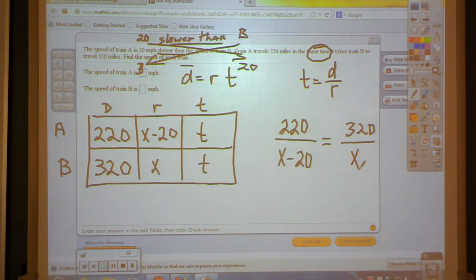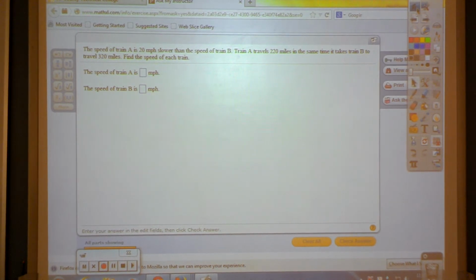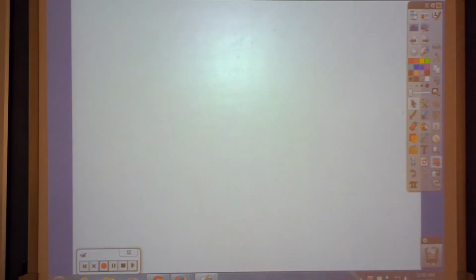And then we should just put it over 1, like the x minus 20 over 1. Yeah, x times x minus 20 over 1. So you couldn't cross multiply? You could, it'd give you the same thing. I don't teach cross multiplication because it's restricted.